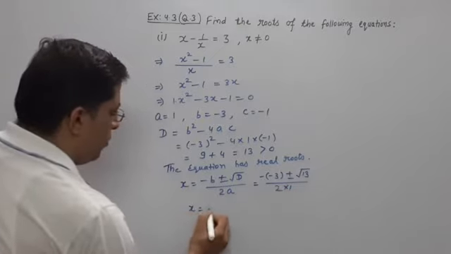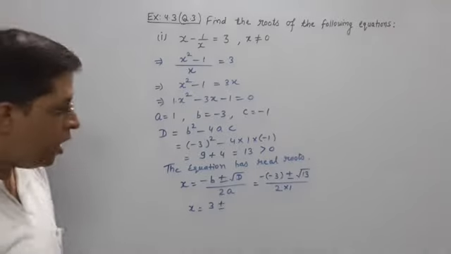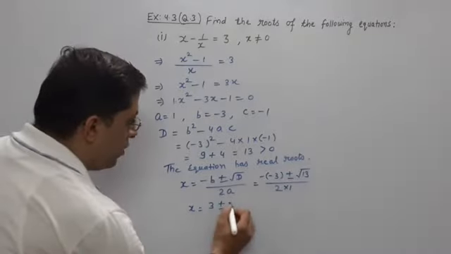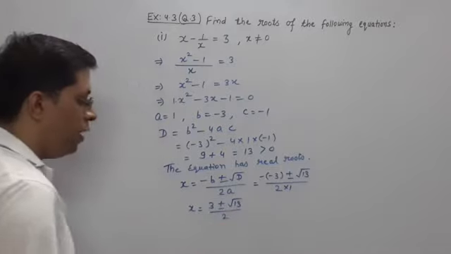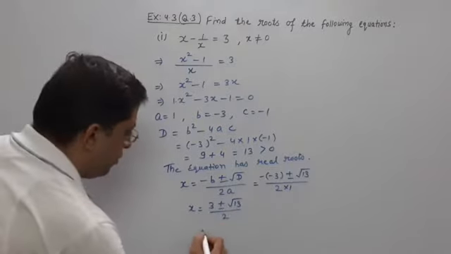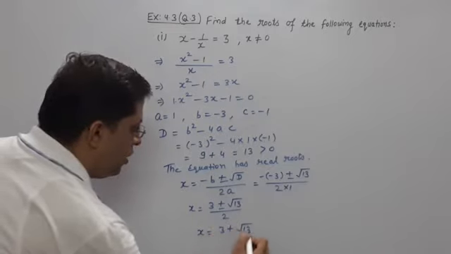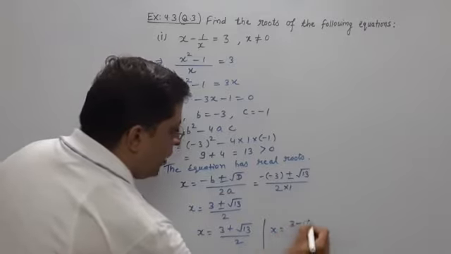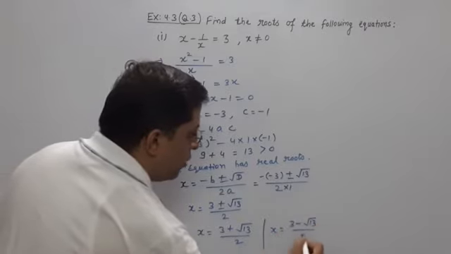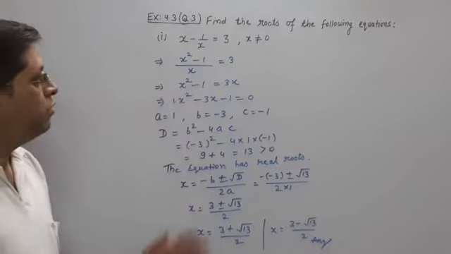Then it comes out minus minus plus, plus minus under root 13 upon 2. Then two roots will be what? One is 3 plus under root 13 upon 2, and second one 3 minus under root 13 upon 2. These are the two roots of this equation.